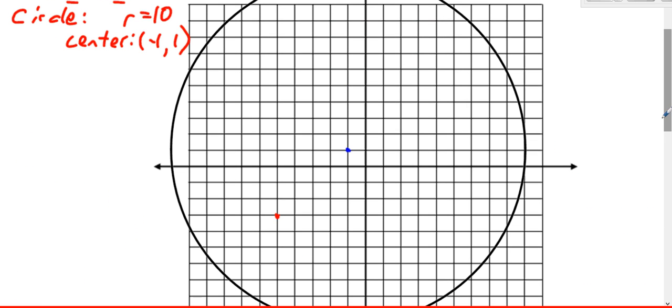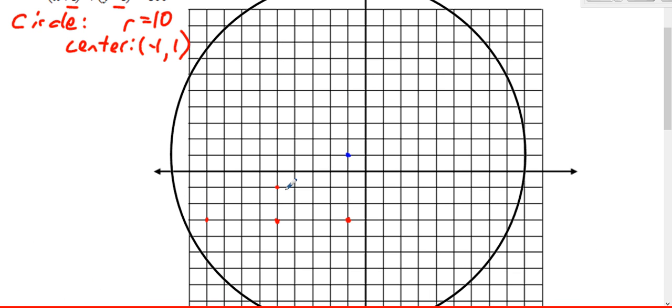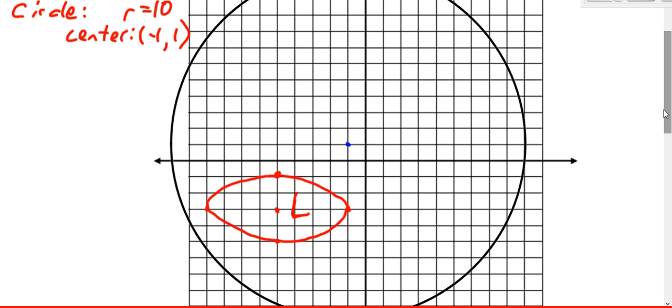X radius is 4, so go 4 to the left, 4 to the right. The y radius is 2, so go 2 up and 2 down. And then just do your best to draw that ellipse. That was the Lions, wasn't it? Yeah, Lions, so I'm labeling with an L just so we know.